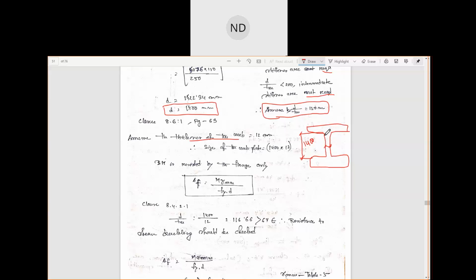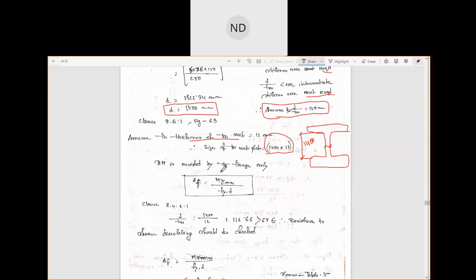We are finding out the size of the web, right? So first of all, we'll find out the size of the web. Now we know the depth of the web. Now we will assume a thickness, which can be 12 mm, or 10 mm, or 14 mm. So we are assuming here 12 mm. Therefore, the size of the web plate becomes 1400 into 12.